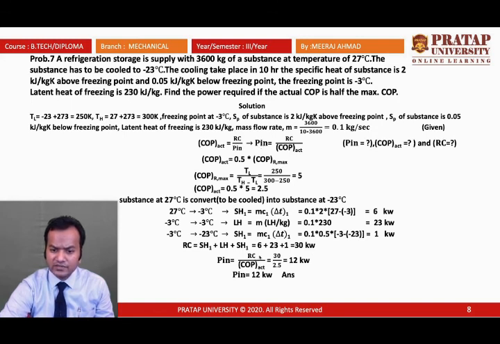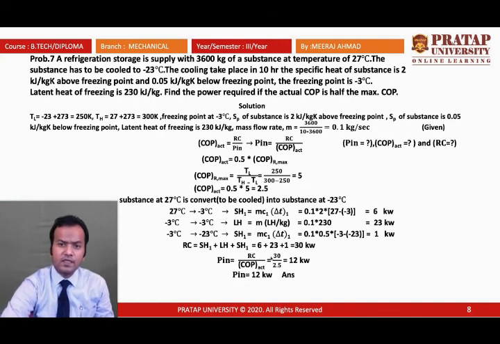You will find the RC value, and the actual COP you also found before. So put the values of RC and actual COP and find the value of power input. This is all in this problem. So you have to convert the heat extracted from the substance at 27 degrees Celsius in 3 phases.